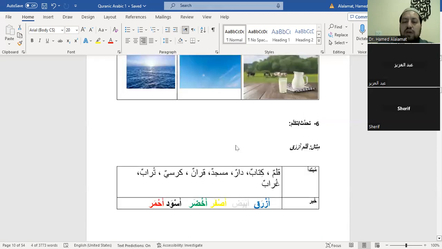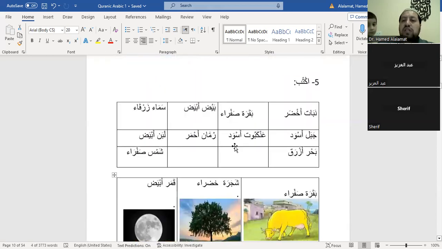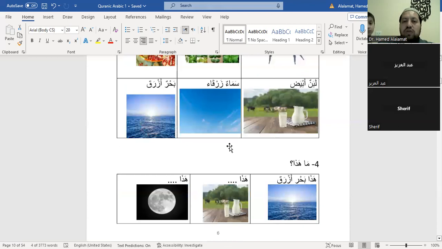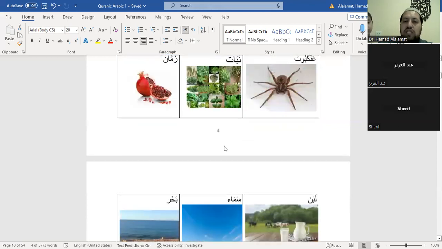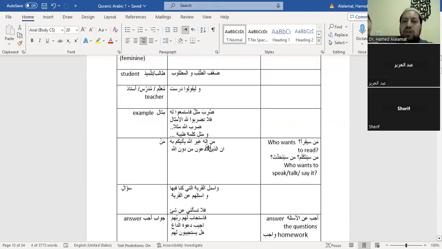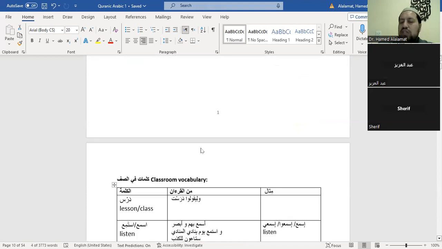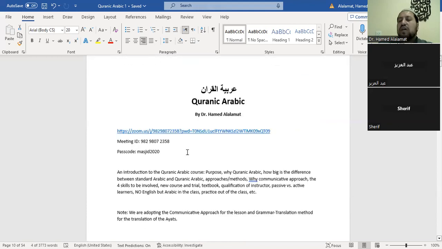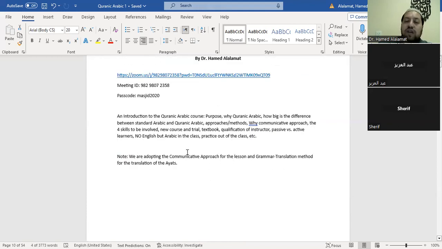Okay. If you want to study in the future, or if you want to teach your kids or find a teacher, know the approach. If they are using the grammar translation method, know that it is very old. The silent way is very old. You need something that is very advanced, and the outcomes are most likely better than the others. In any communicative approach, you'll find the textbook only in Arabic. You'll find the four skills of the language.